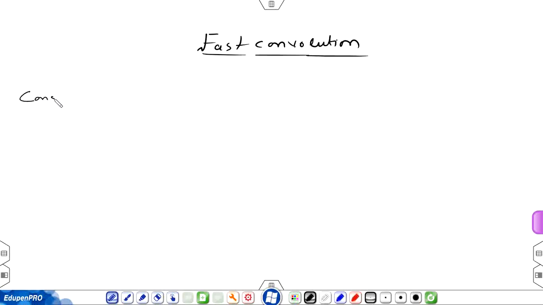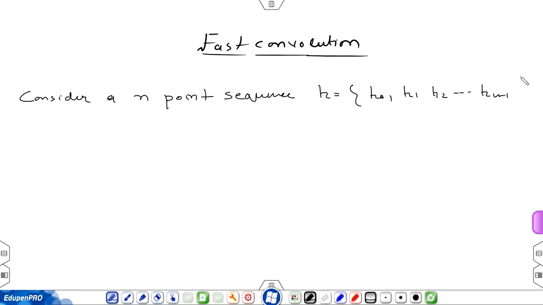Consider an N point sequence in the time domain, given by the values h0, h1, h2, up to hN minus 1, and an L point sequence given by x, where the set is x0, x1, x2 up to xL minus 1.